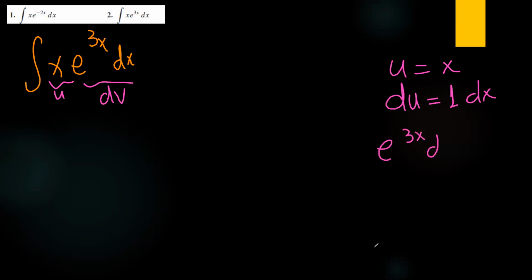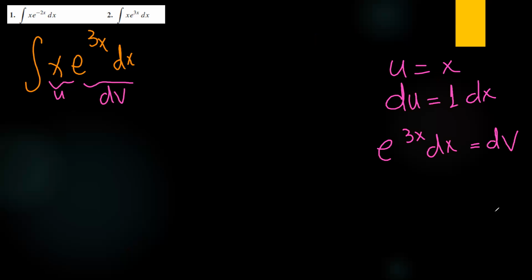Let's say u is x. For u, we need to find its derivative, which is 1 dx. And for e to the power 3x dx, we assume that this is dv.